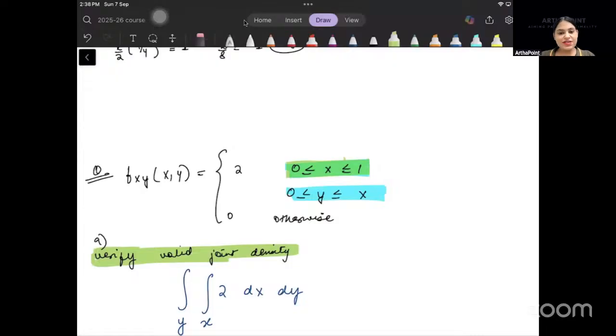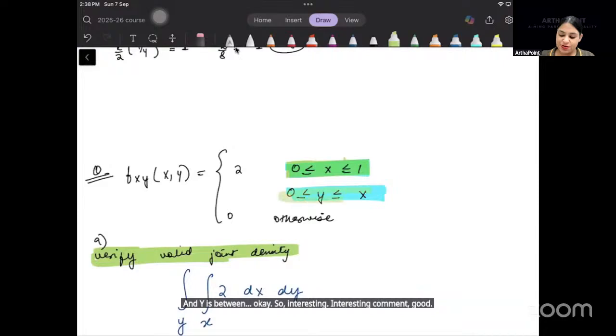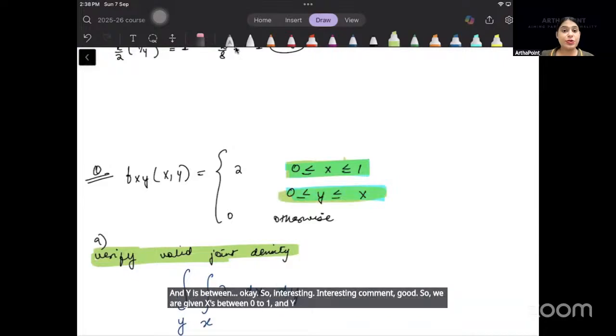And y is between, okay, so interesting comment, good. So we are given x is between 0 to 1 and y is between 0 to x.